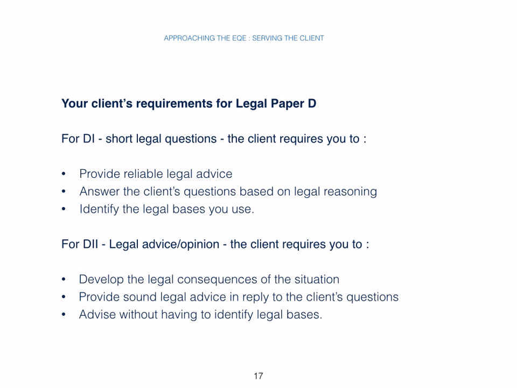And providing reliable legal advice means correct legal advice based on up-to-date legal bases. And you're expected also for D1 to answer the client's questions based on legal reasoning, and you must, absolutely must, identify the legal basis that you use. Those are the three requirements for D1.